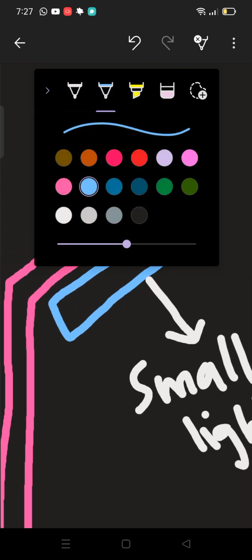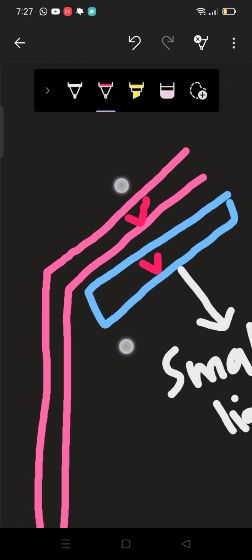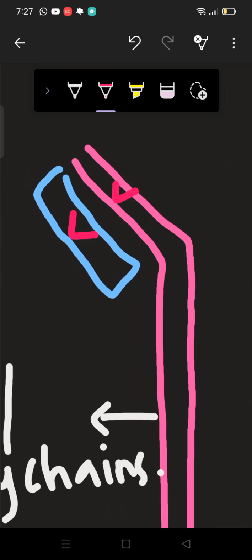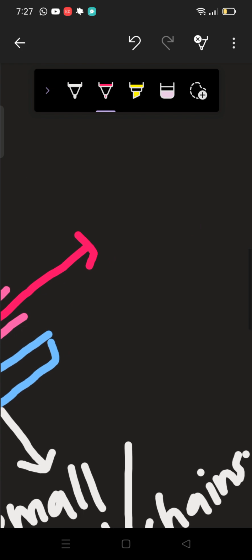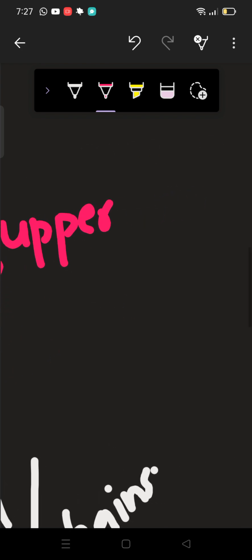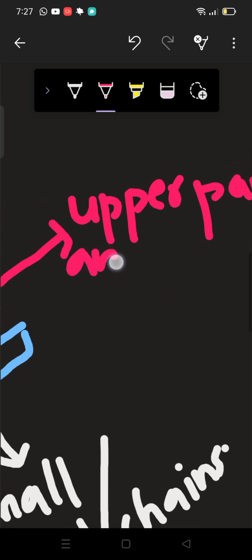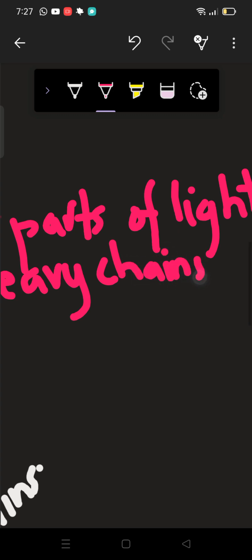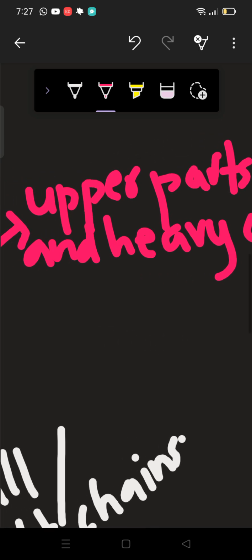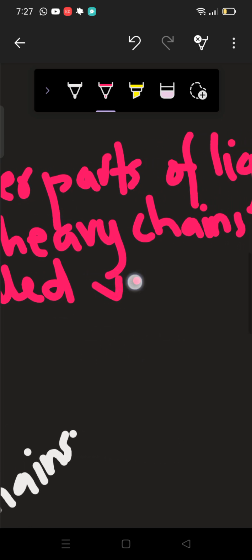So these are the variable parts. This is a variable part, this is a variable part as well, and this one too. The upper parts of the light and heavy chains are called variable parts.